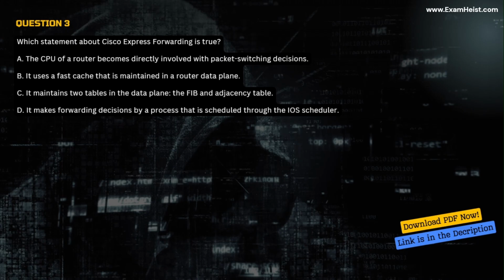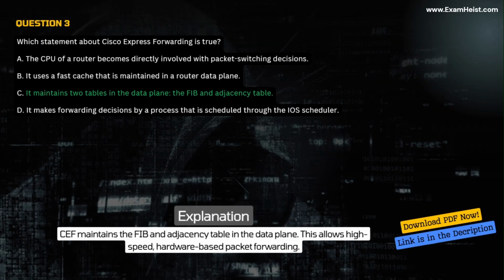D. It makes forwarding decisions by a process that is scheduled through the IOS scheduler. Correct answer C. It maintains two tables in the data plane, the FIB and adjacency table. Explanation. CEF maintains the FIB and adjacency table in the data plane. This allows high-speed, hardware-based packet forwarding.